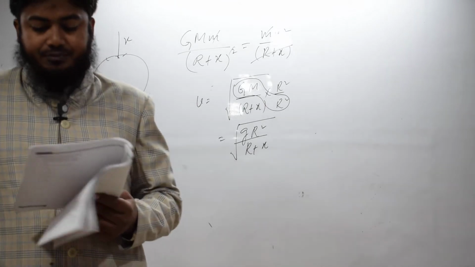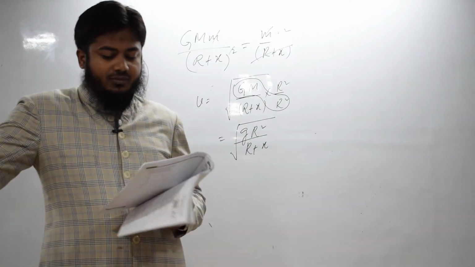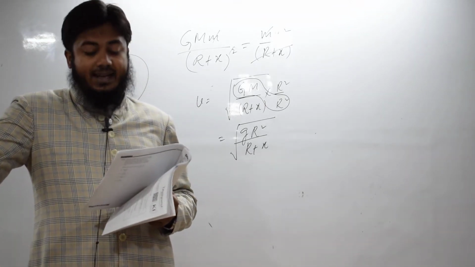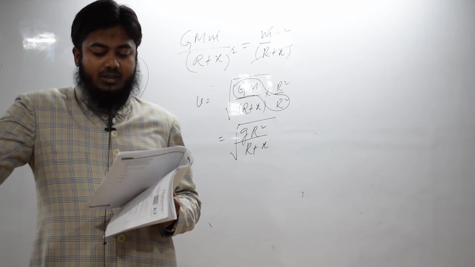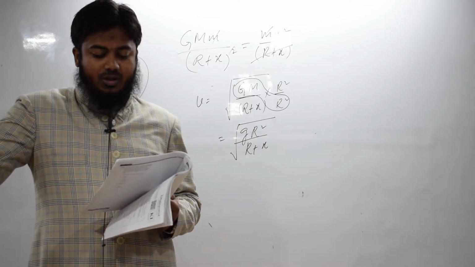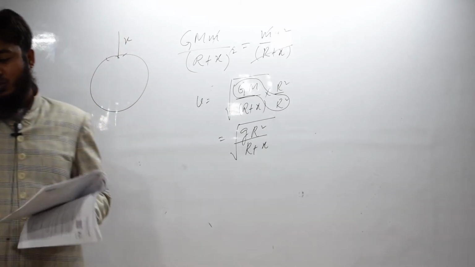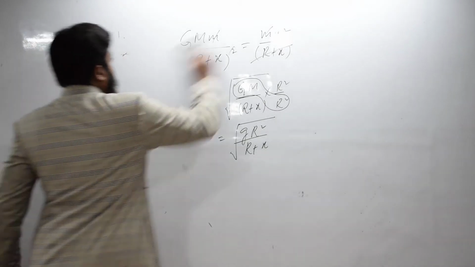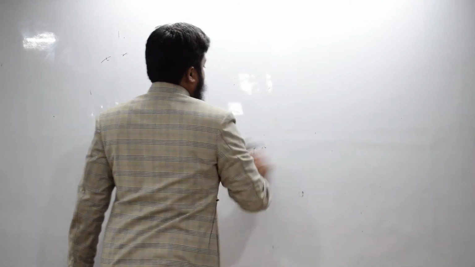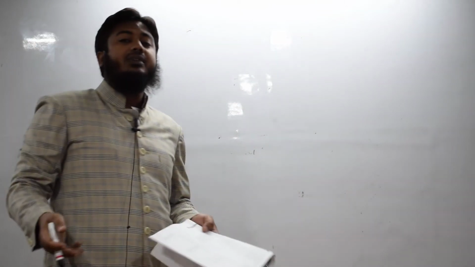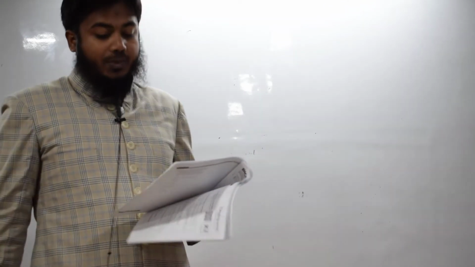Next question. Suppose the gravitational force varies inversely as the nth power of distance, then the time period of a planet in circular orbit of radius capital R around the sun will be proportional to. So, we know the gravitational force varies as 1 upon r square. Now, in this question it says it varies as 1 upon r to the power n.